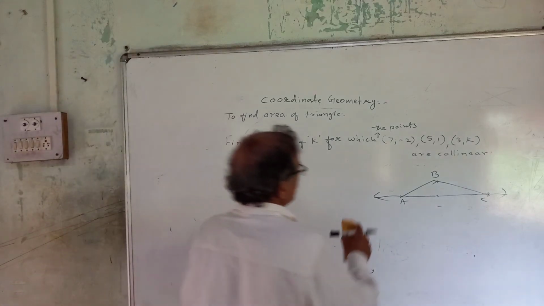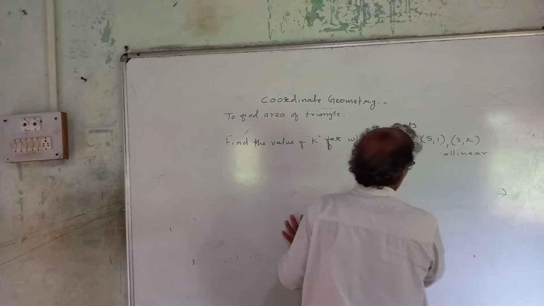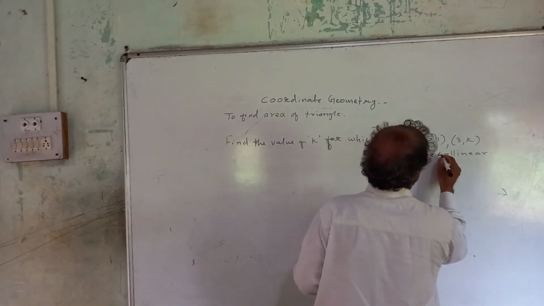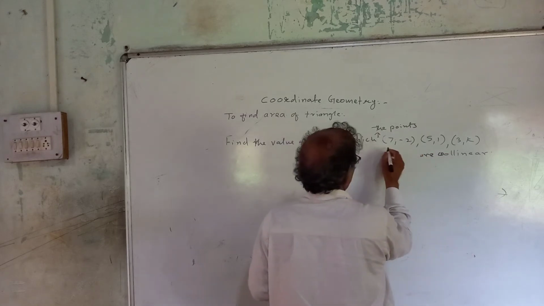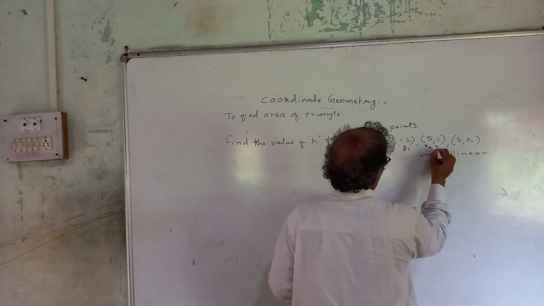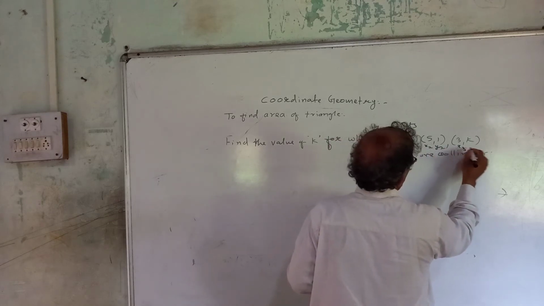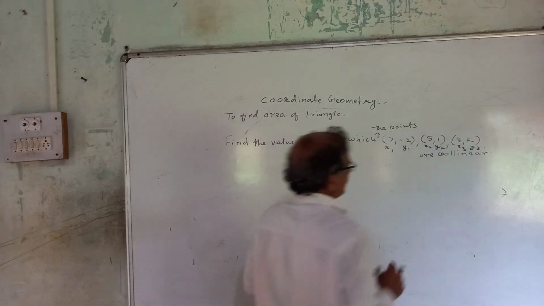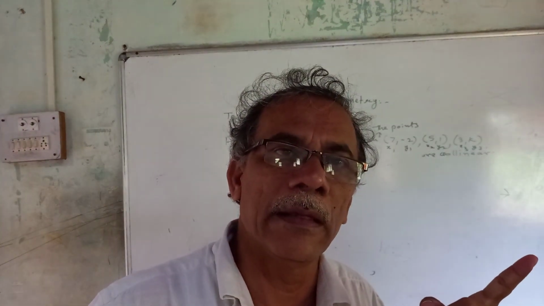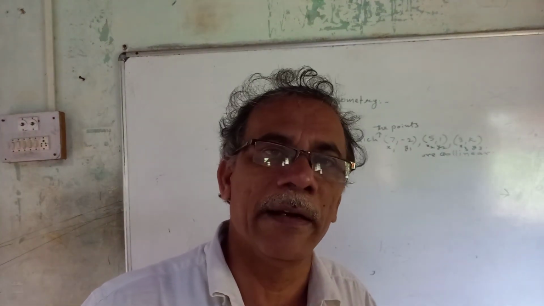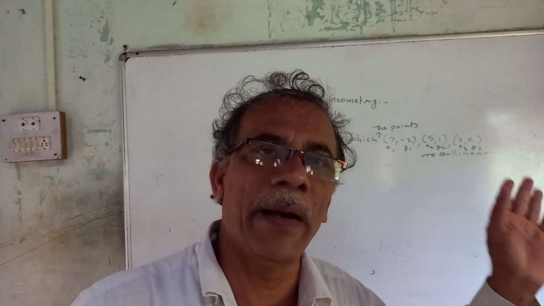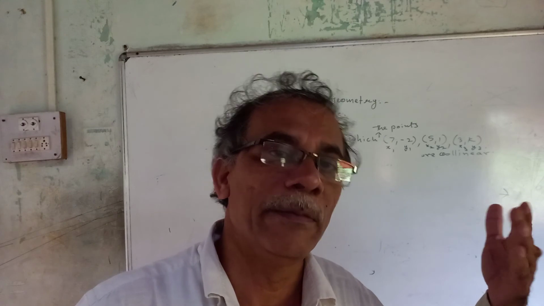Now suppose this is coordinate x1, y1, this is x2, y2 and this is x3, y3. Suppose these 3 coordinates are collinear, means they are not forming triangle, means the area of the triangle formed by these 3 points will be how much? Will be 0.